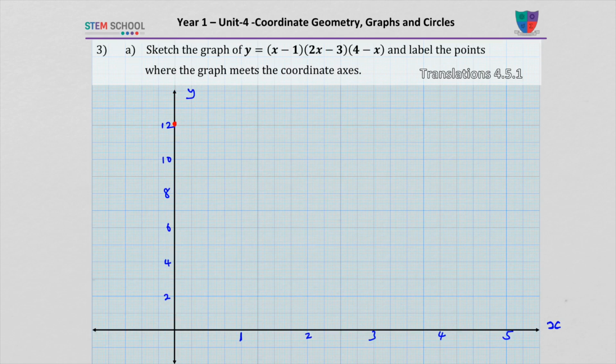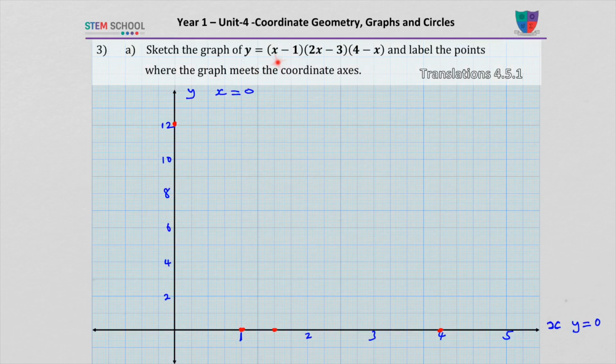When y is 0, x is 1, x is 1.5, and x is 4. The equation of the x-axis is y equals 0, and the equation of the y-axis is x equals 0.